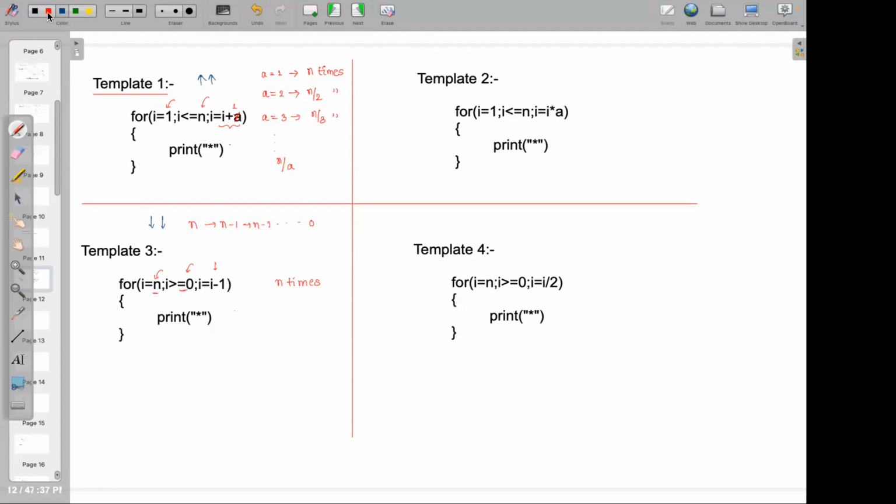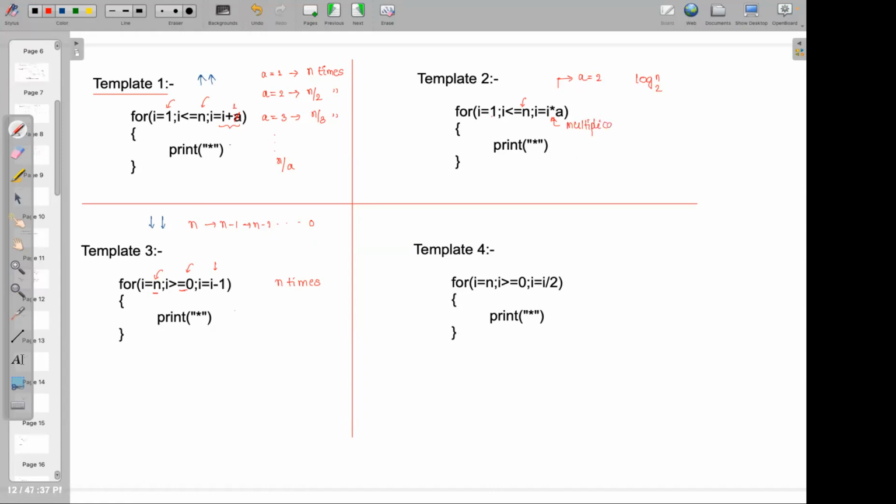Next, now try to see this. In place of A, if you have, let's say, 2, don't take 1, it wouldn't mean anything, friends. If you have 2, then it is log n base 2. Starting from 1 going till n, but this time it is multiplication. Remember, this is not increment or decrement, this is multiplication.